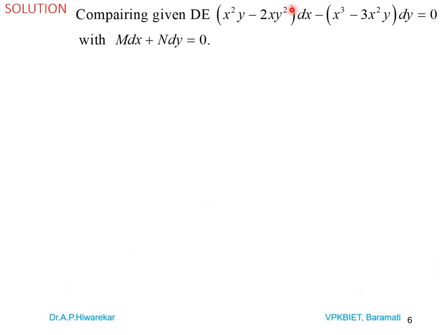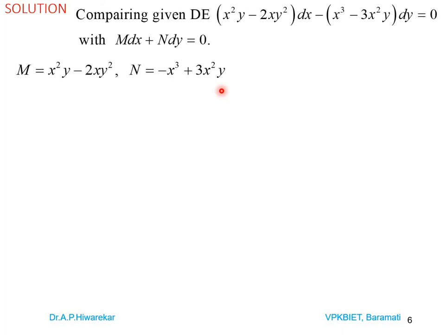So we compare this equation with M dx + N dy = 0, where the coefficient of dx is M. So M is x²y − 2xy². And N is −(x³ − 3x²y), that is, −x³ + 3x²y.